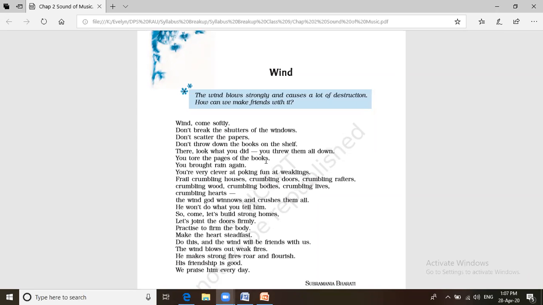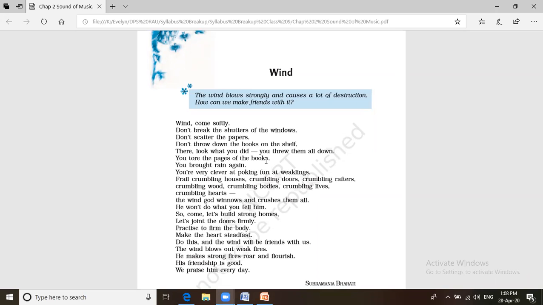One more thing, child, when I explained these lines, I said, first of all, to everyone else who's going to answer now, you always have to read the lines and then say, these lines have been taken from the poem Wind by Subramanya Bharati. And in these lines the poet says, and then you have to begin the explanation.